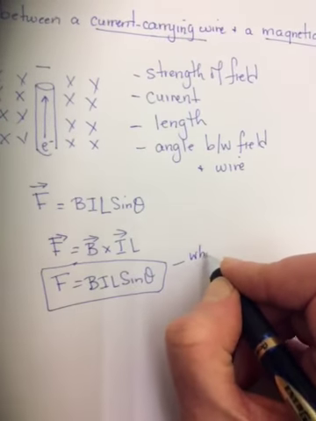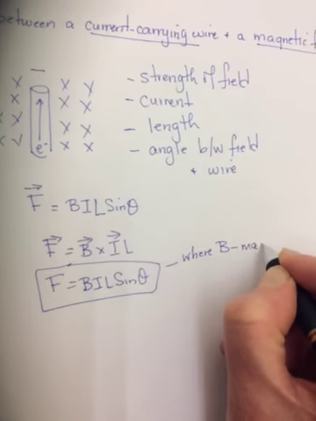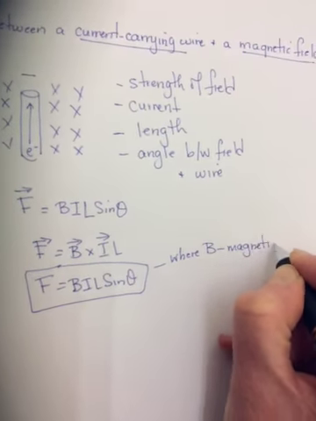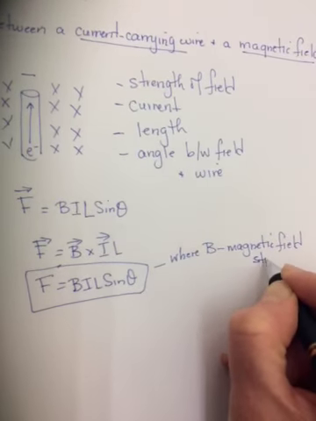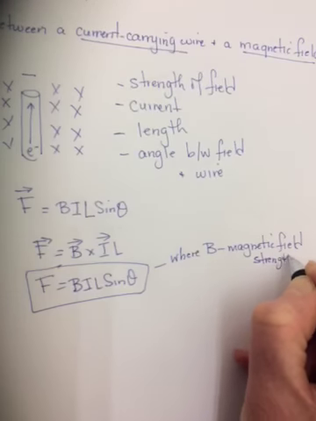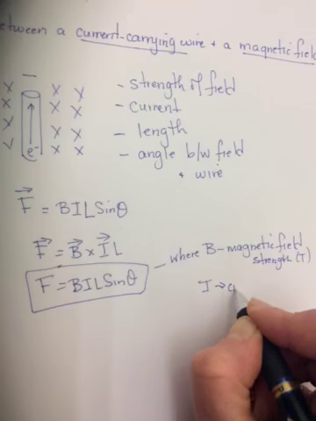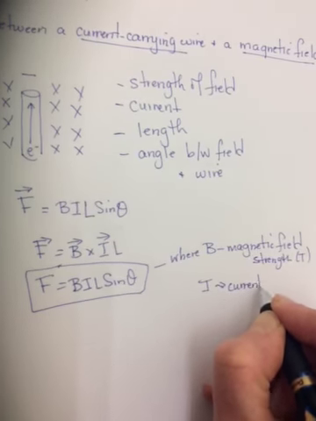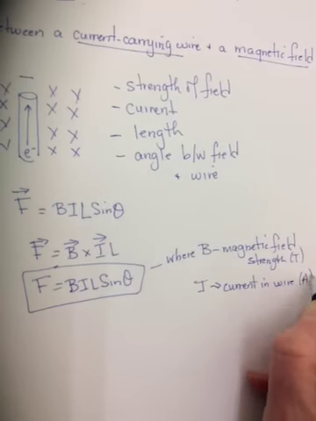Where B is the magnetic field strength, measured, of course, in Teslas. I is the current in the wire, measured, of course, in amps.